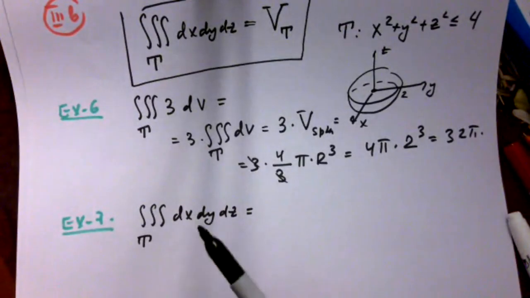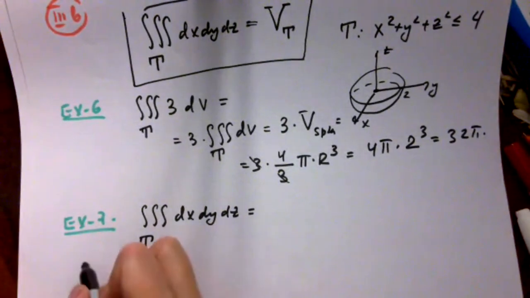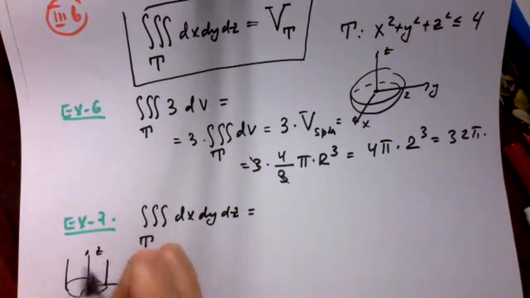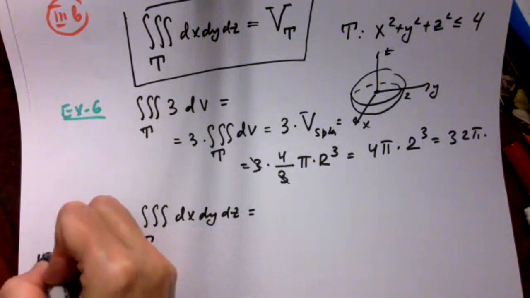Okay, and what if our region is some cylinder? So let's draw a cylinder like this. Your 3D volume is the cylinder, with radius, I don't know, equal to 3 probably, and the height is equal to 5.